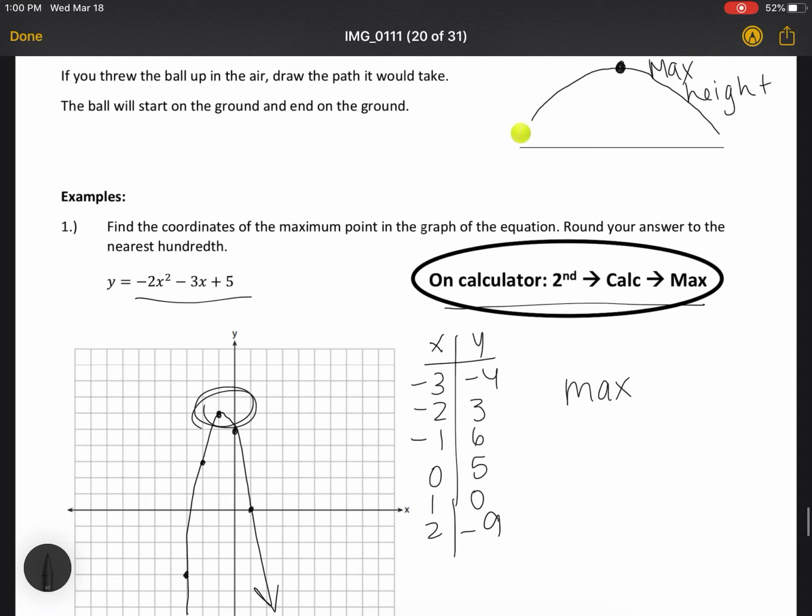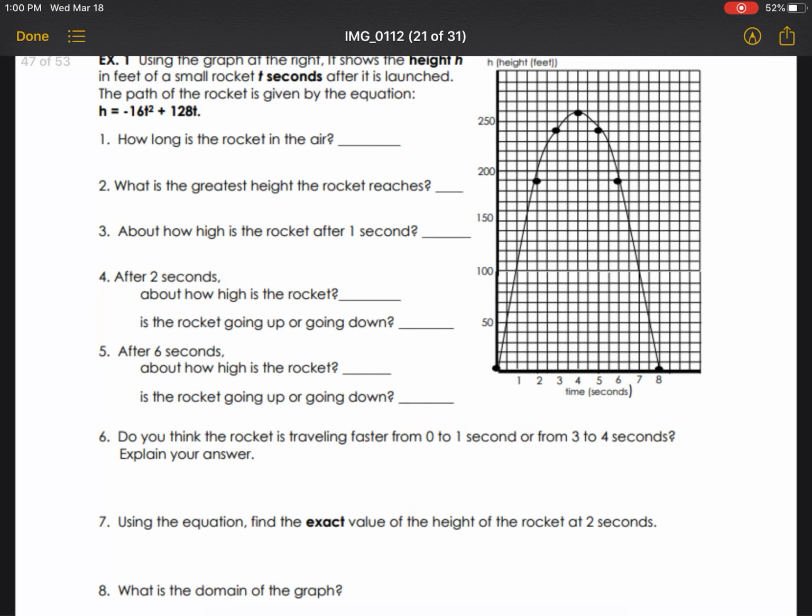Once you do that, you should see that your max, rounded to the nearest hundredth, is at -0.75, 6.12. Again, I'm sorry I don't have a calculator screen to put in this video for you, but we did do this process of using the maximum function on your calculator before in class.